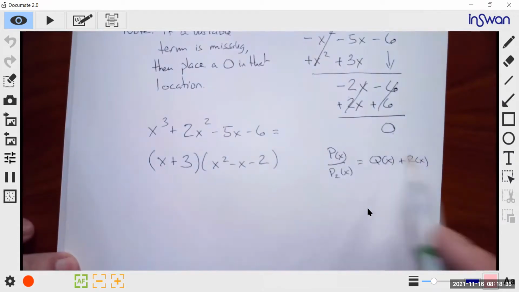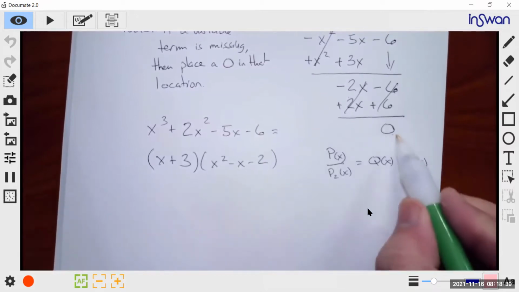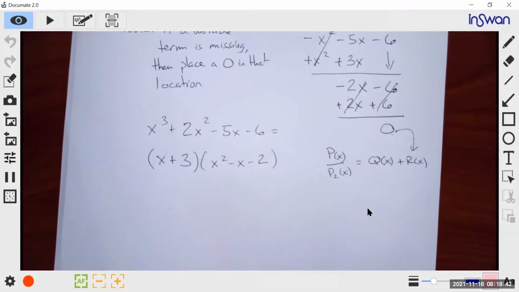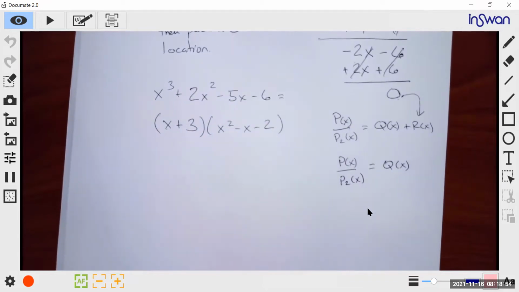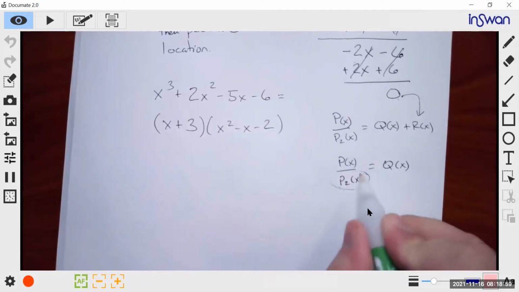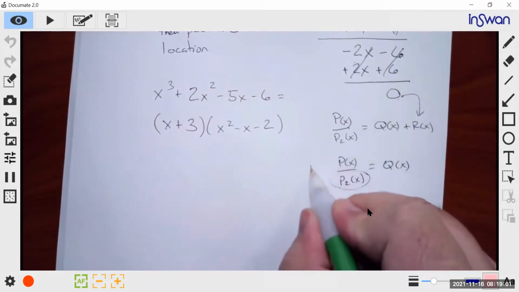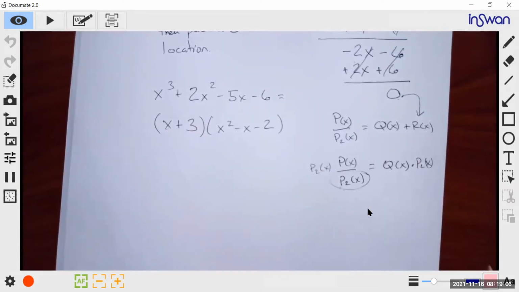Okay, remember, we had this from the last page. This is the general rule. If the remainder is 0, we just have this. If we multiply this term to both sides, those cancel.